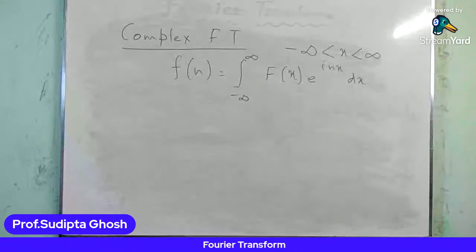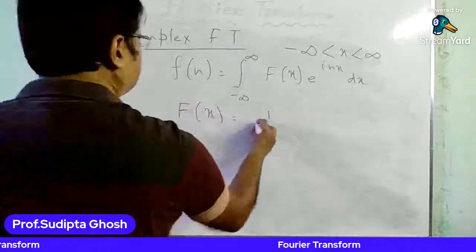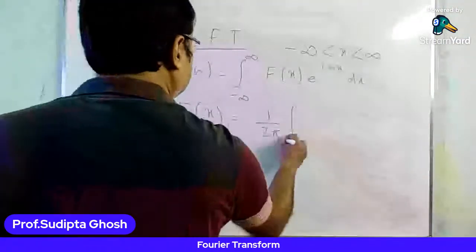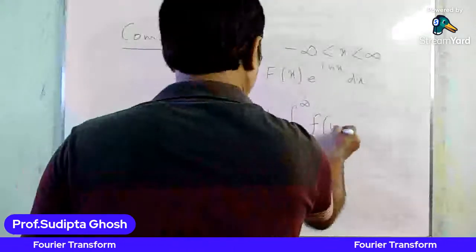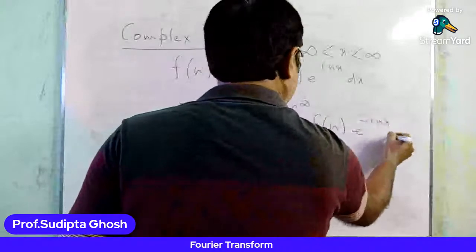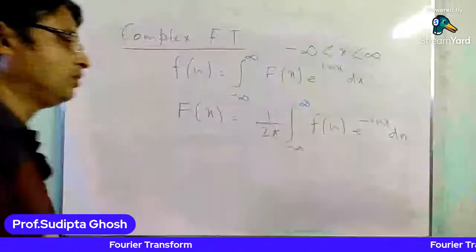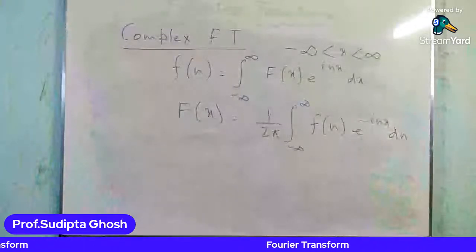Now the inverse transformation, that is capital F of x, can be written as 1 by 2 pi integral minus infinity to plus infinity f of n, then e to the power minus i n x, and remember this will be dn, not dx. This will be dn.